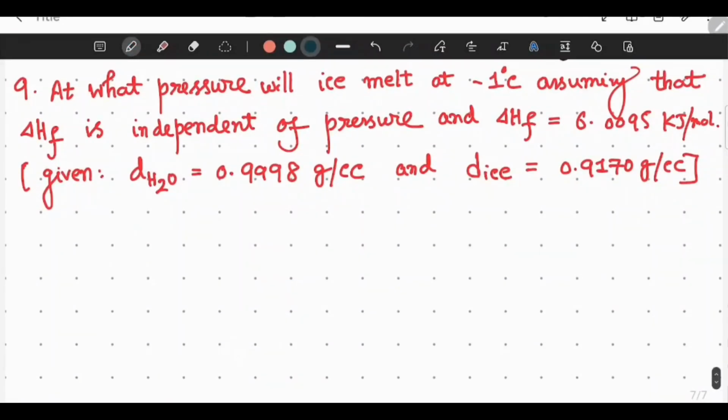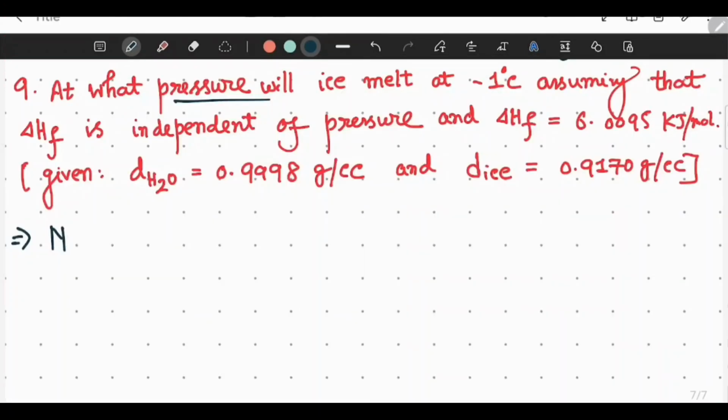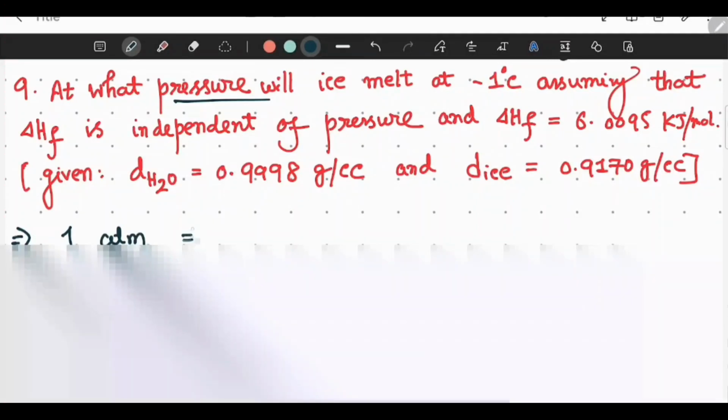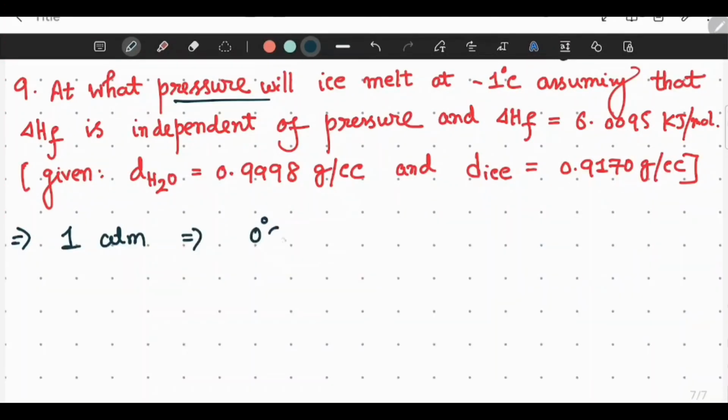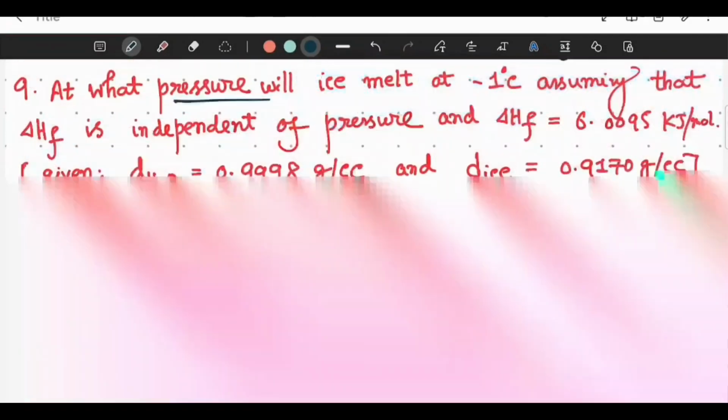Now we have to identify the pressure for which the ice will melt. In general, we know for normal temperature and pressure, which essentially means 1 atm pressure, ice melts at 0 degree centigrade, right? But here we want to melt the ice at minus 1 degree centigrade. So that means we have to change the pressure. For 1 atm, it will not work.